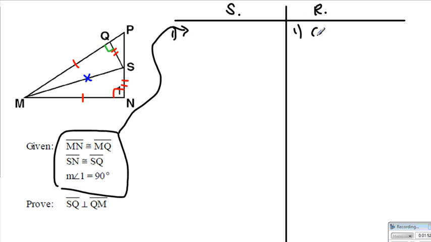And the first one is given. Now, one thing that we reasoned out right after that is MS. Line segment MS was congruent to line segment MS, and that was the reflexive property.